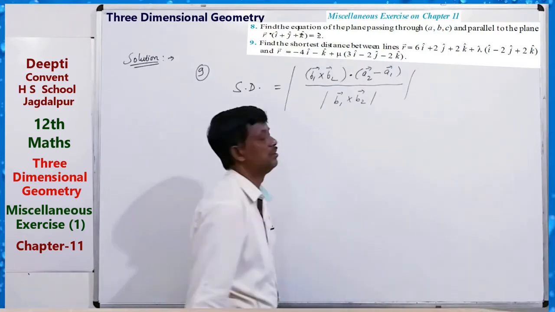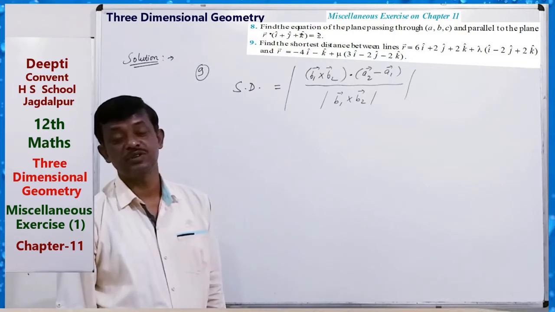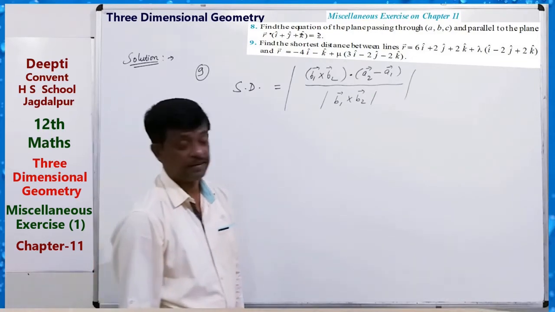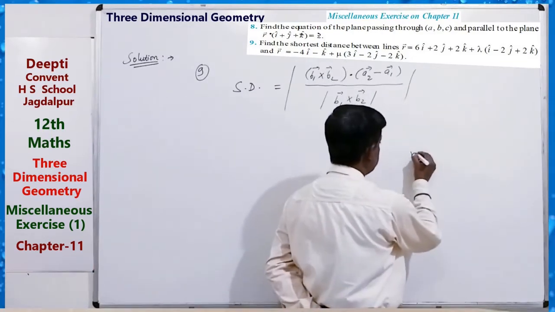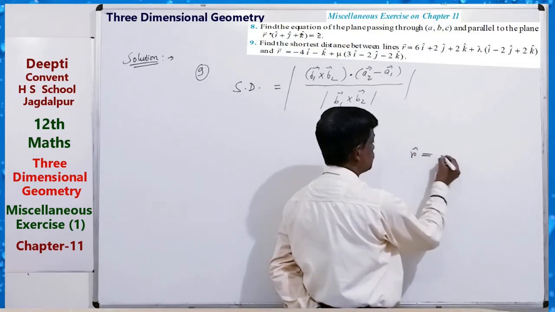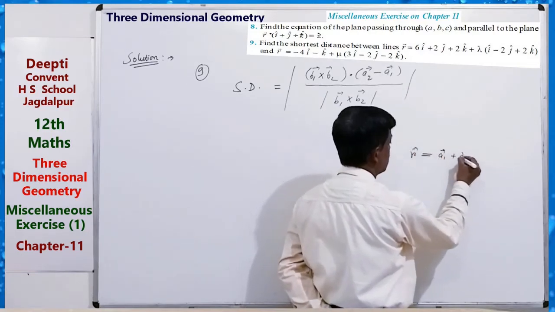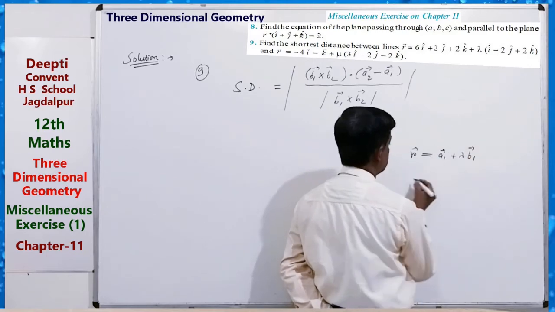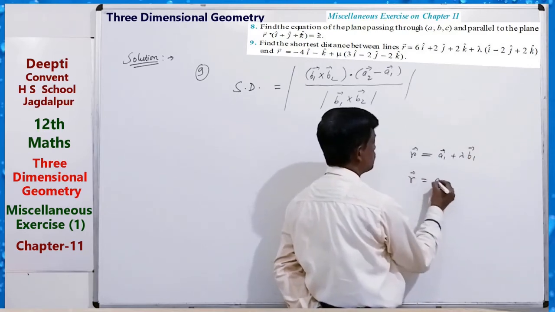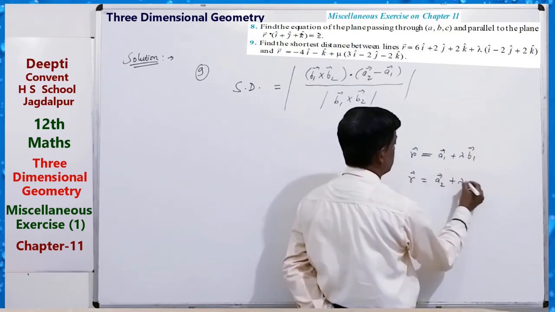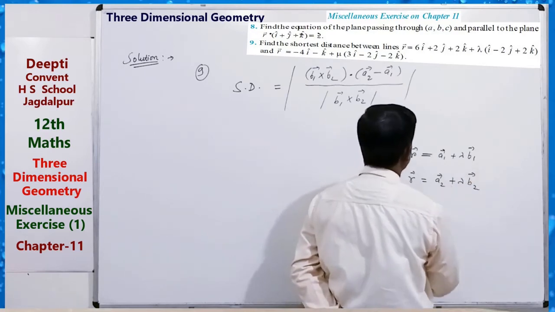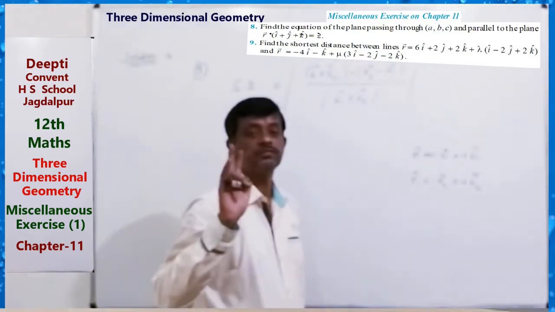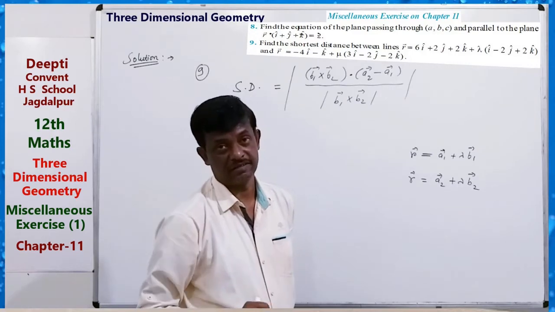This is the formula of the shortest distance between two straight lines. The straight lines can be given as r equals a1 plus lambda b1, and the second line r equals a2 plus lambda b2.